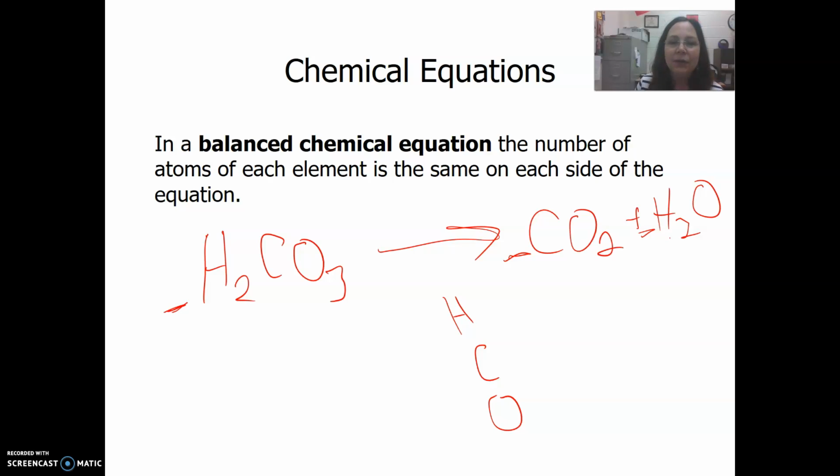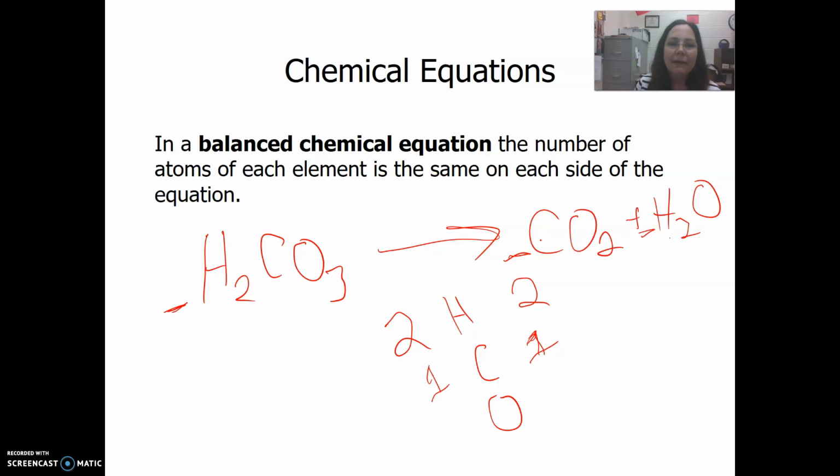So on the left of the equation, there are 2 hydrogen atoms. That H2 means there are 2 hydrogen atoms. And on the right, there are also 2. So hydrogen is balanced. On the left, there's 1 carbon atom, and on the right, there's 1. That 2 in front of the oxygen is for oxygen, not carbon.